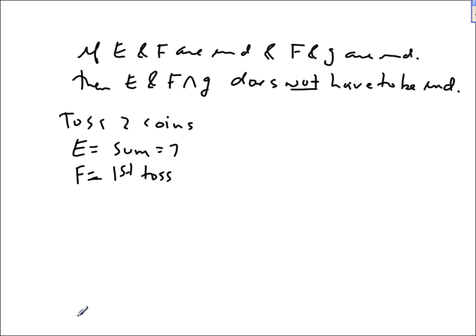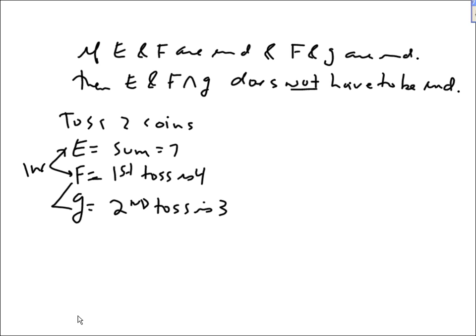And G, the second toss is 3. Now, we know that those two are independent. Actually, yeah, we do know that from the last problem. And so this one is independent.